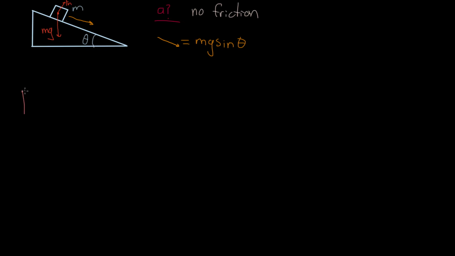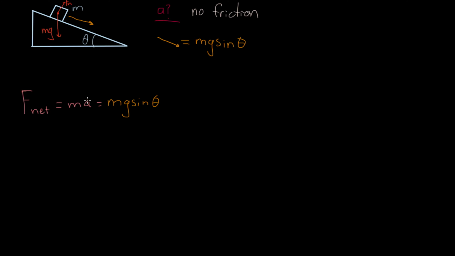So if we come back to Newton's second law, F net equals ma. We know that ma is going to be mg sine theta.